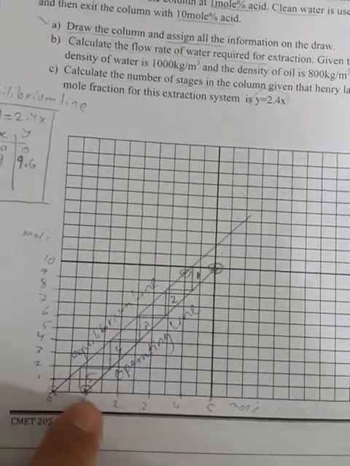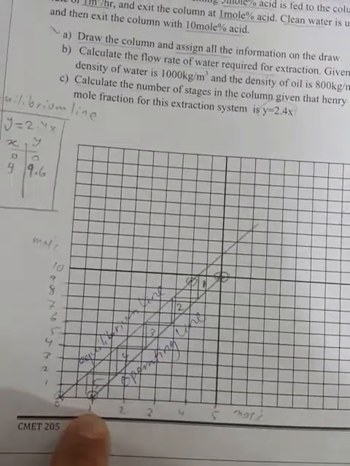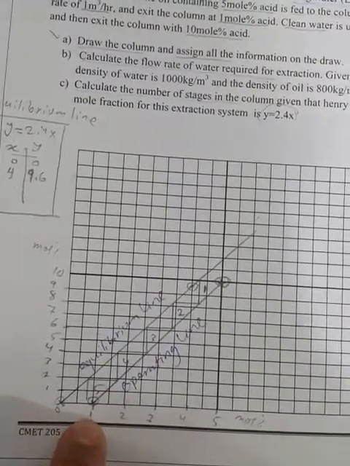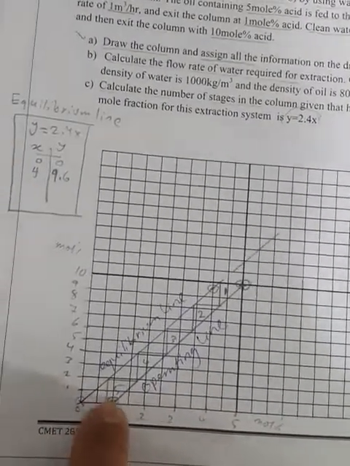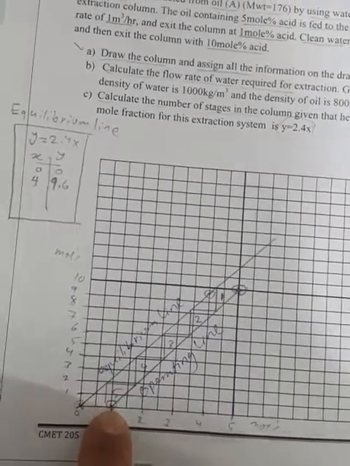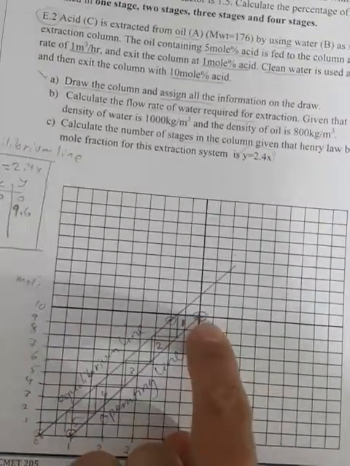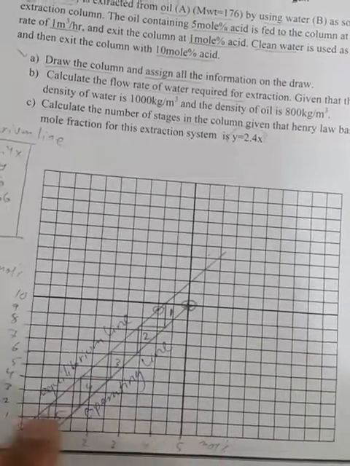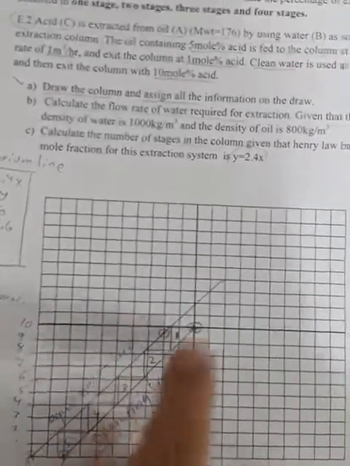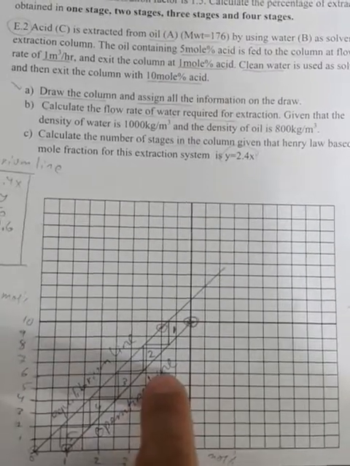Notice that the first point is 0.01, which I put here to be 1 as a mole percent, with x equals 0, and this is our second point, which is 0.1 y and 0.05 x. Then we draw a straight line, and we call the straight line the operating line.